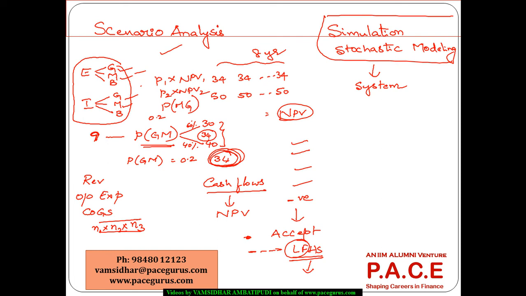For each of the variables, there is a distribution or pattern that has to be understood, and randomly the situations need to be simulated, and even the NPVs would be simulated under each of these scenarios, and finally we arrive at a distribution of the NPVs. Though the possibilities that are going to occur are very high in number, here I don't need to take the expected value like this.